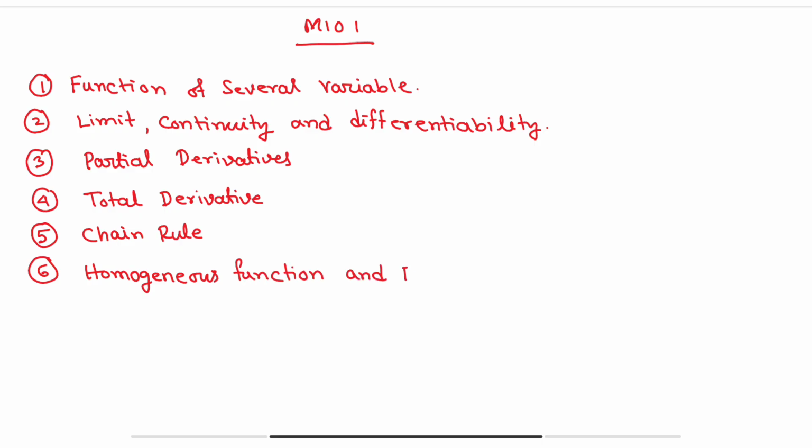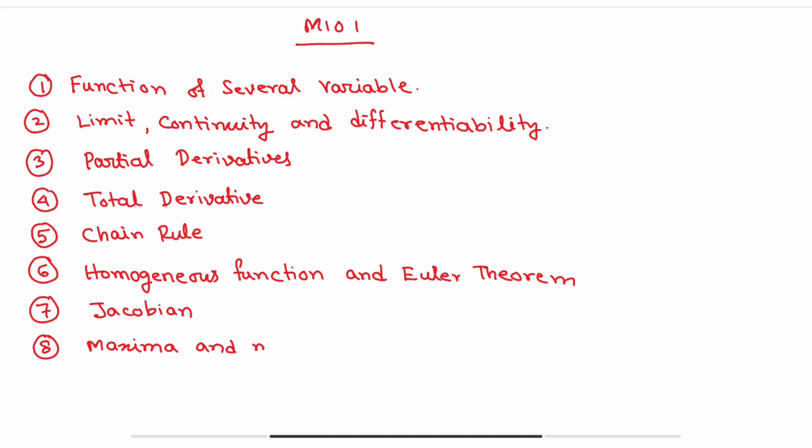Number 7, and this is the last topic, is Jacobian. Number 8 is maxima and minima. Clear? So these 8 topics are included in your module 3 syllabus.